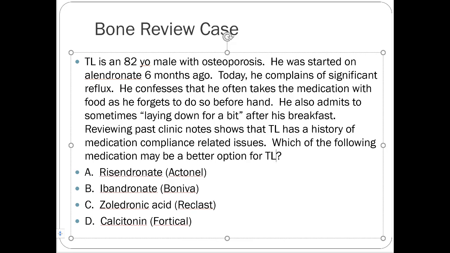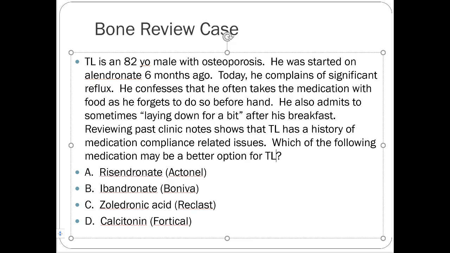So that leaves you with choices C and D. D would be the oddball, since it's not in the same class as the other three. Calcitonin is just something we don't use on a regular basis for this type of a patient. So it's more for some resistance to a bisphosphonate drug. It could be used as a treatment for acute hypercalcemia.